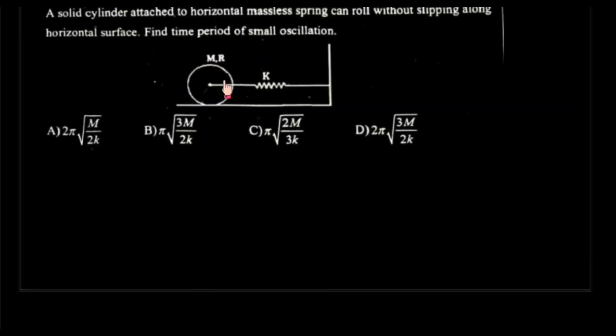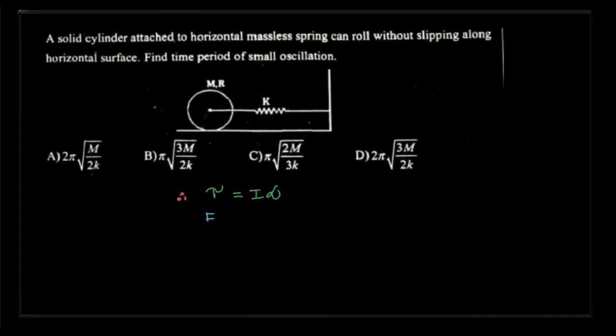Now, while it is rotating there will be a torque here. We could say torque is equal to I into alpha. Torque can be written as force into perpendicular distance. Therefore F into R will be equal to I into alpha, right?